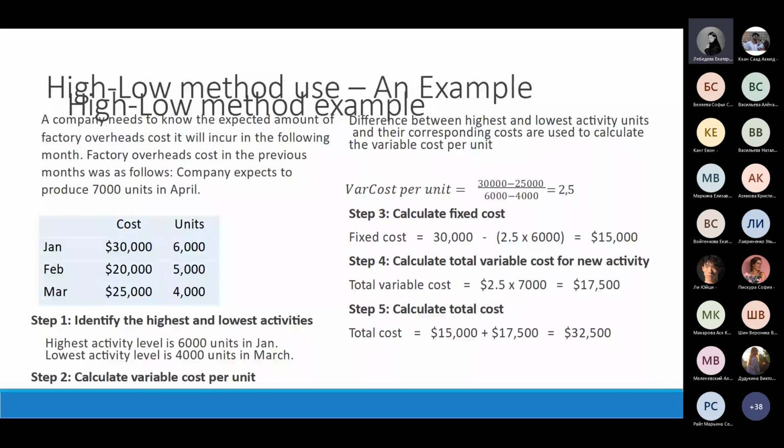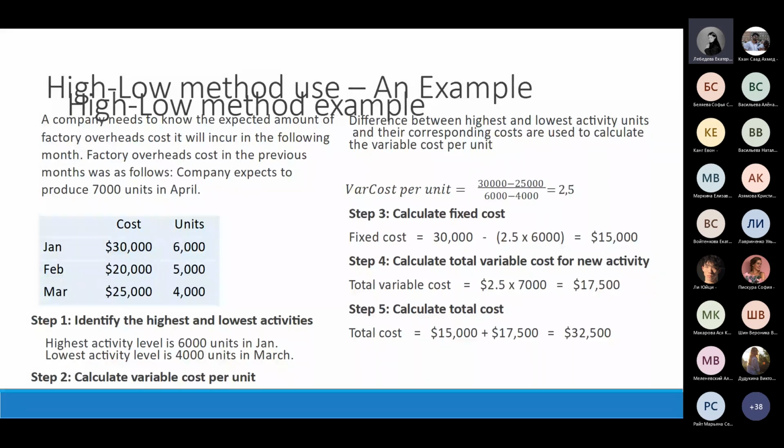Okay, and why do we multiply by the 7,000 in step 4? We don't have this number. The 2.5 we have calculated from the formula as variable cost per unit. So we split mixed cost in order to understand what should be our variable cost per unit and the fixed cost per period.